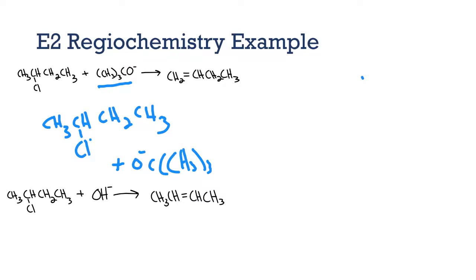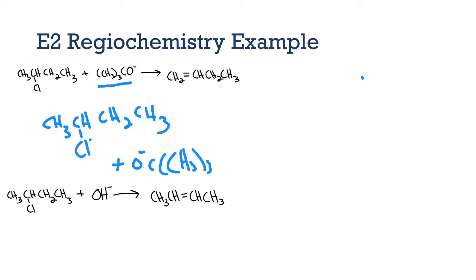But if I try to do that, you see how this group is hitting this group, and there's going to be a lot of repulsion. So that's not very favorable for this to take this hydrogen, even though that would be more stable. So instead of this big giant base trying to get in here, it's going to come over here and take this hydrogen, which is a lot easier because there are no groups around here that will cause repulsion.